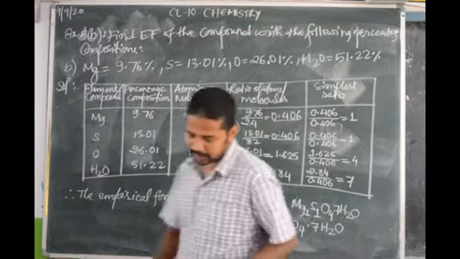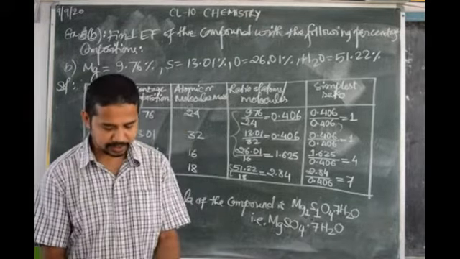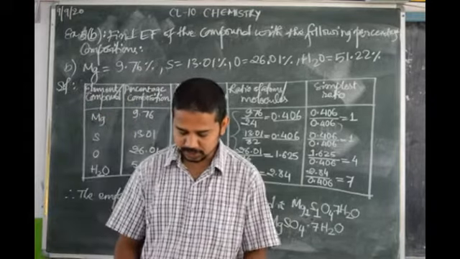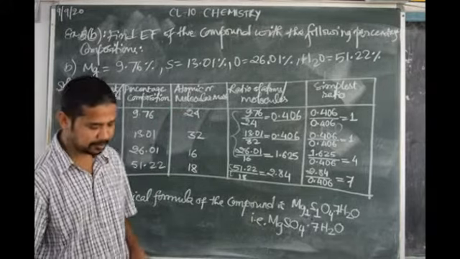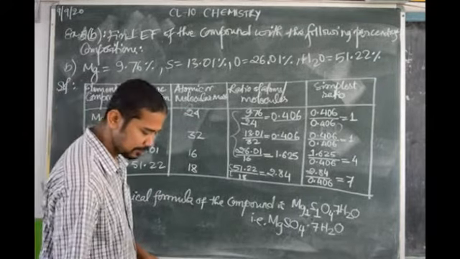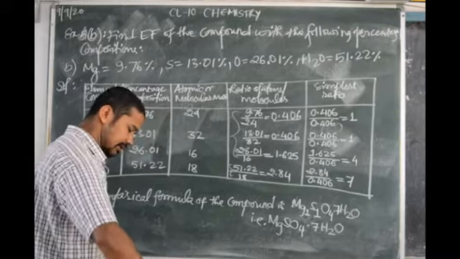Now, another example: an organic compound has oxygen 26.24% and hydrogen 4.92%. Find its empirical formula.